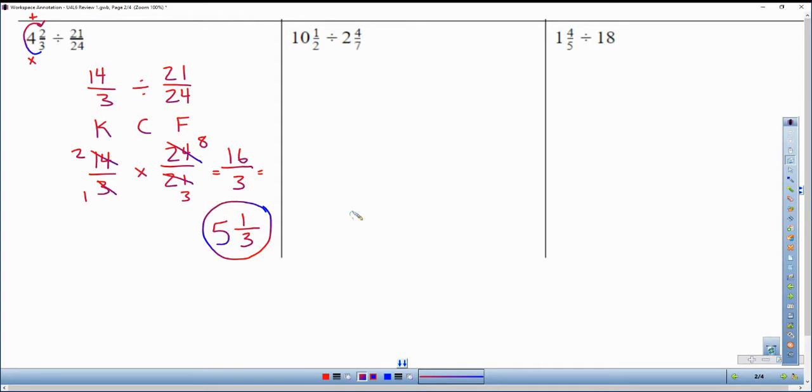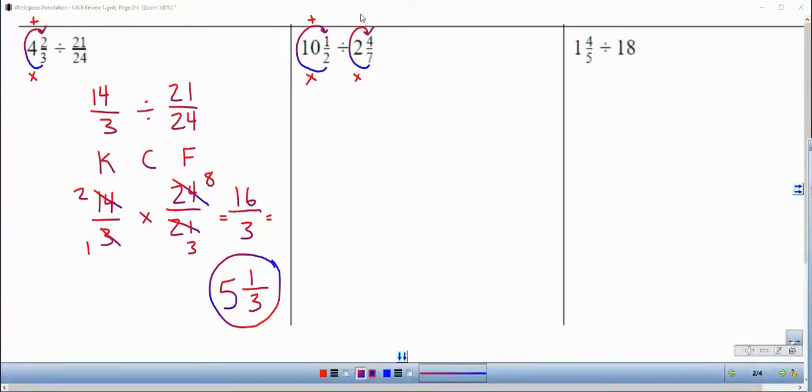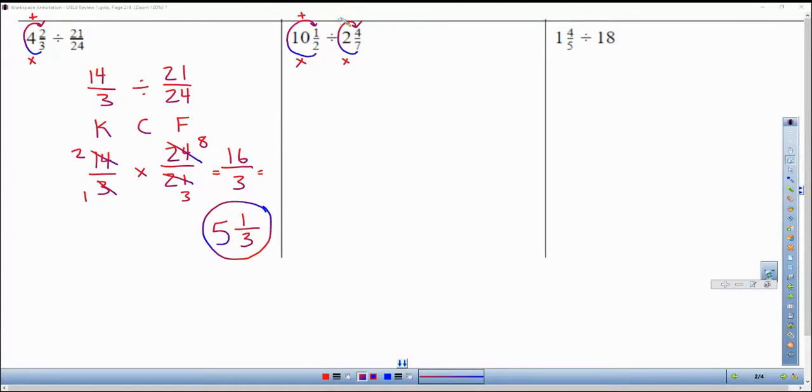Okie dokie. This next one here, 10 1/2 divided by 2 4/7. Do a little swoop. Another swoop, because we have to change these both to fractions. Multiply, add. Multiply, add. All right, so we'll change these both to fractions.